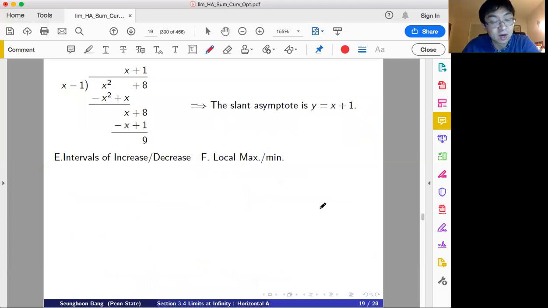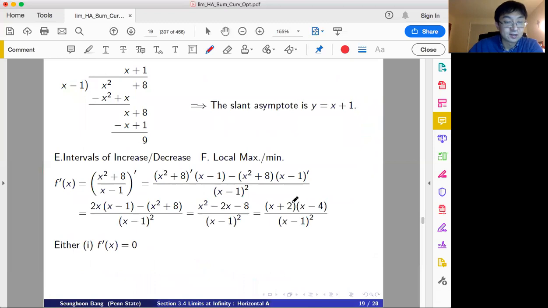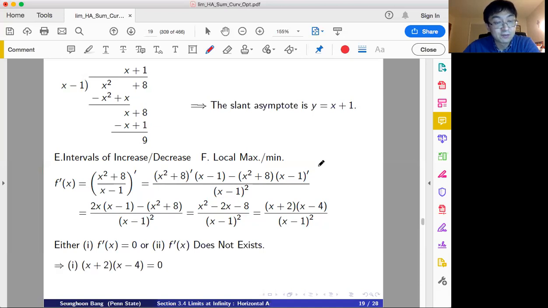Next, intervals of increase and decrease. How can you find f prime of x? f prime of x is x squared plus 8 over x minus 1, prime. The same, you can use the quotient rule. We have this result. Next, you solve f prime of x equal to 0 or f prime of x does not exist. f prime of x equal to 0, what does it mean?